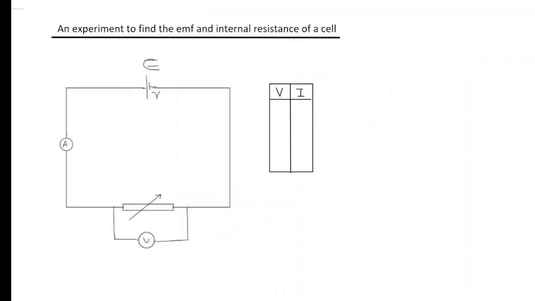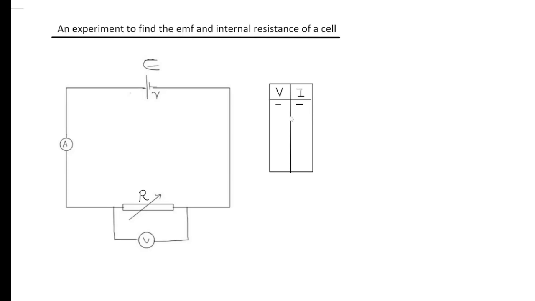Here is a simple experiment to find the EMF and internal resistance of a cell, and you can get exam questions on this one. So here you have a power supply, EMF and internal resistance are not known, we are going to work it out. You need an ammeter and voltmeter, change the resistance of this external resistor, and then you can record the voltmeter and the current reading.